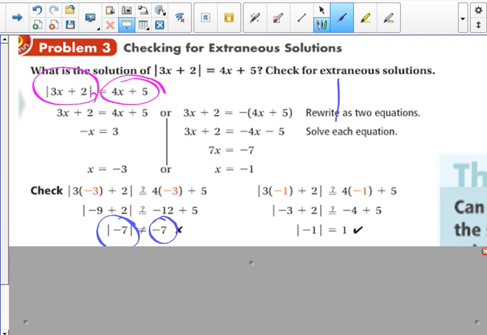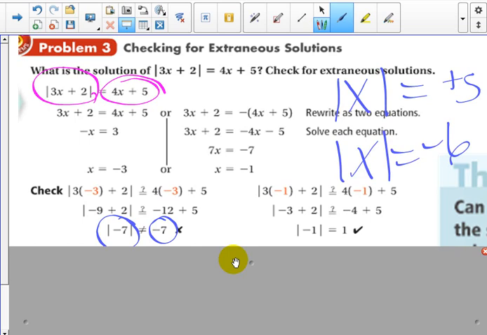Well, the absolute value must always be positive, right? It's always going to be some kind of positive number like 5. You can't have the absolute value of x equals negative 6. That's like saying the absolute value of something is a negative number, which defeats the whole purpose of absolute value. Absolute value is always going to be positive.